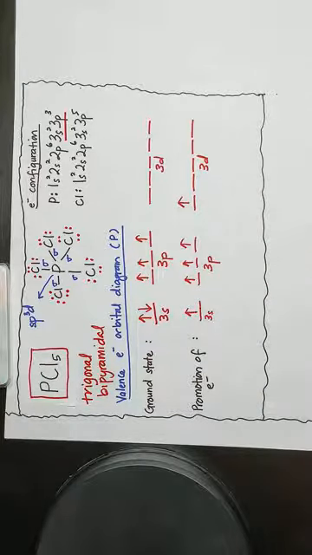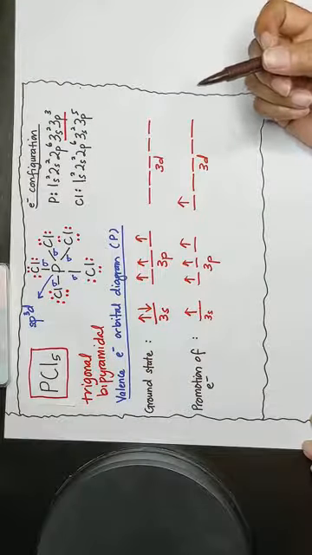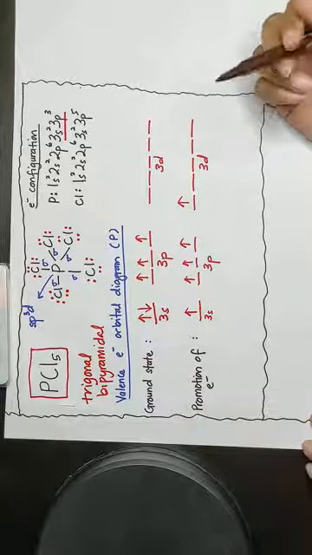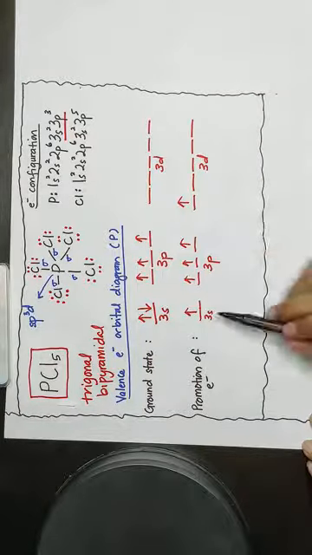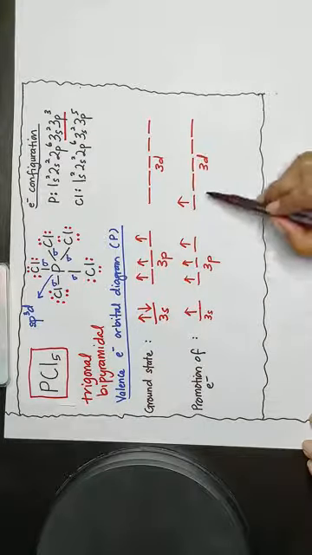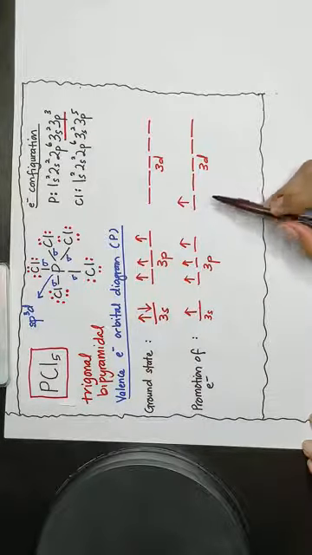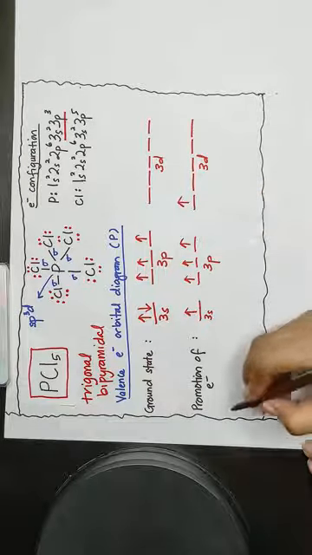Next we have to produce the sp3d hybrid orbitals. In order to produce that new set of orbitals, phosphorus will mix its 3s orbital, 3 3p orbitals, and one of its 3d orbitals to form a new set of hybrid orbitals.